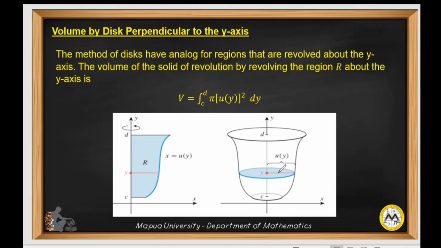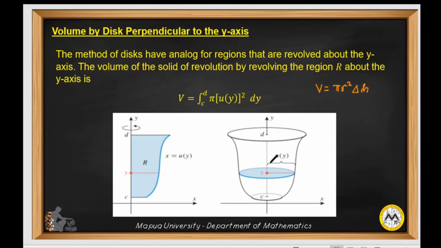This time, the radius of the disk is the distance from the axis of revolution to this point on the curve. That is actually the length of the rectangular element. The radius is equal to the length of the rectangular element, and the thickness of the disk is equal to the differential of y. So again, by using the formula for the volume of the circular disk, volume is equal to pi r squared times the thickness.